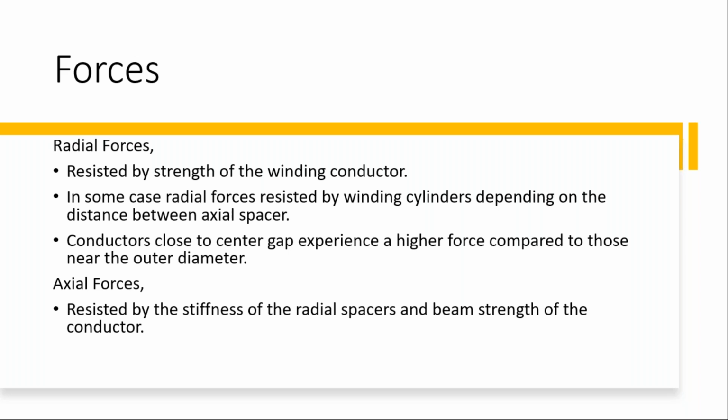Conductors close to the center gap will see higher radial forces because you have more axial leakage flux lines. When it comes to the axial force, it is resisted by the radial spacers and beam strength, and ultimately your clamping arrangement should clamp it together under any event of short circuit.